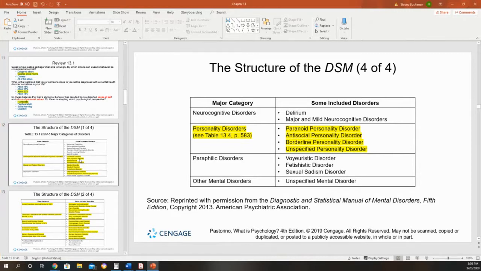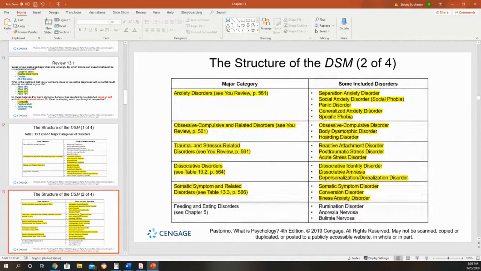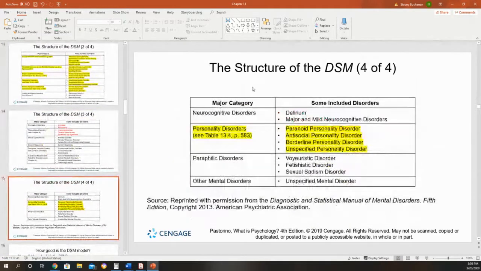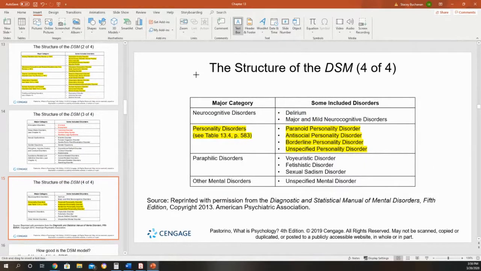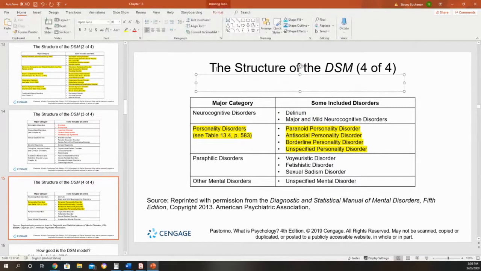One thing to keep in mind, and I will put it at the end right here, in a text box, when it comes to the DSM: the DSM is not a treatment guide. It just gives you an overview and an understanding. It doesn't really go into the cause of the disorders. It doesn't go into how to treat them.